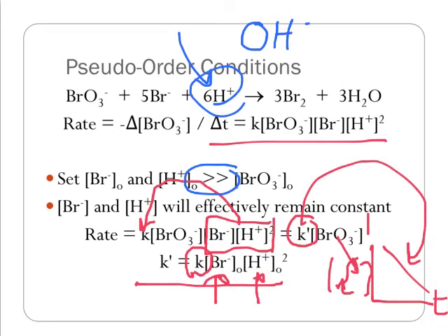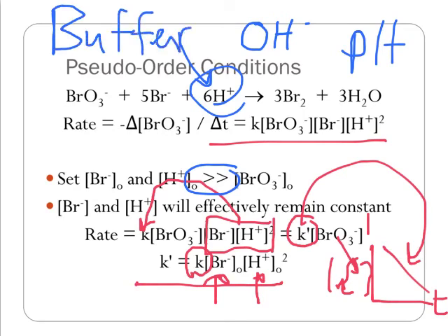I could set up a particular kind of system for my chemistry. Does anybody know what kind of a chemical system we employ when we want to keep H plus or OH minus, these kinds of species that affect the pH of a reaction? How do I keep the pH of a reaction constant? What kind of a system do I use? I'm going to use a buffer.